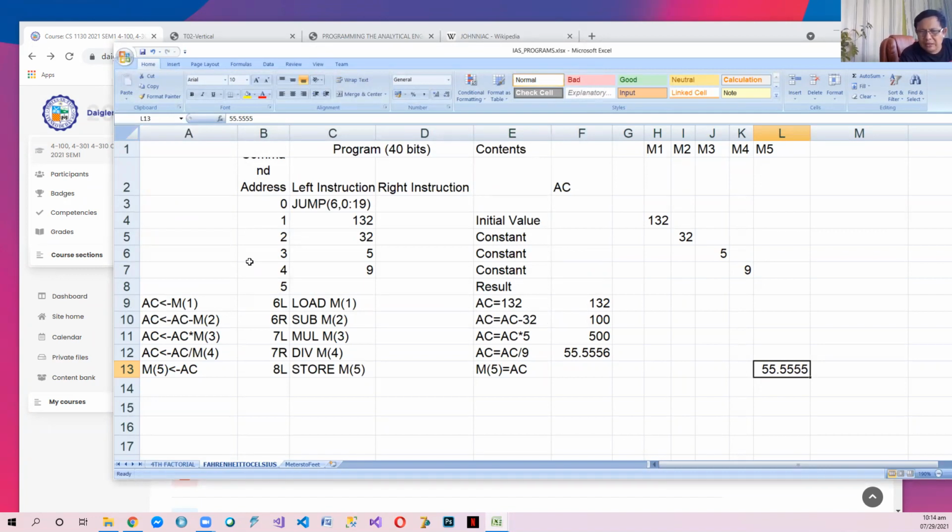Sir, is the final answer the last M? Not necessarily the last. It depends on where you want to place it, as long as you indicate that this is the result. You're free to place it anywhere as long as it's correct. That's a question by Asombrado: do we have to store the final result in the last one?